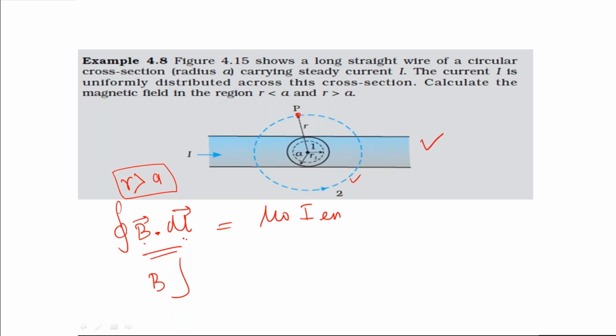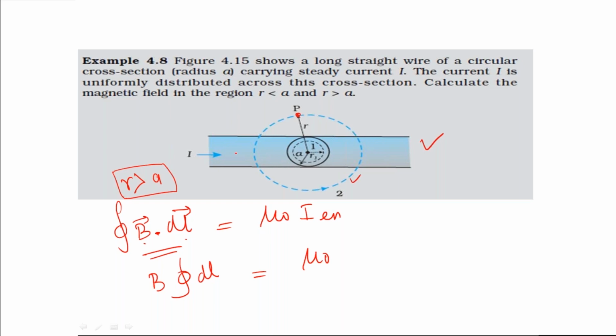Since B and dl are parallel, the dot product gives B dl cos 0, and cos 0 is 1. So B dl. B is constant over the loop, so I take it out of the integration.